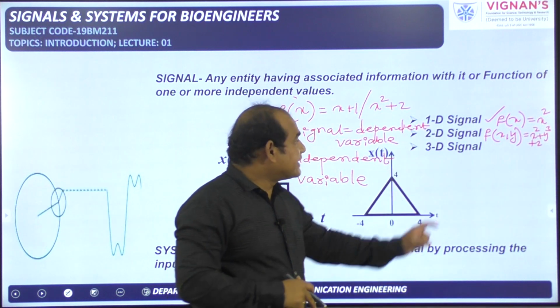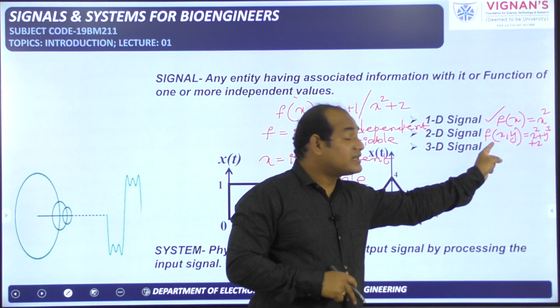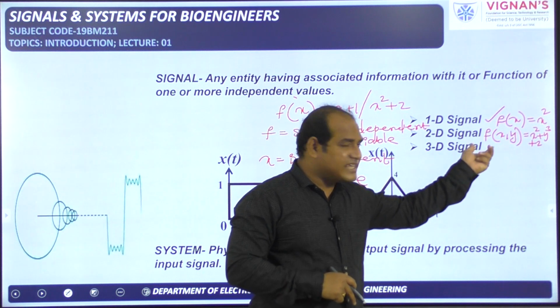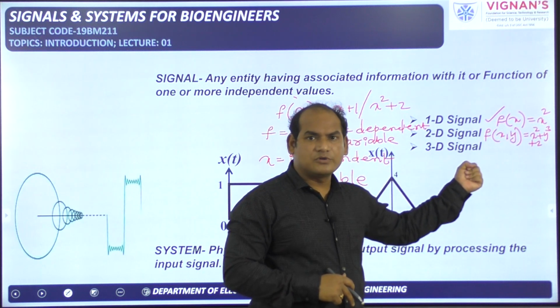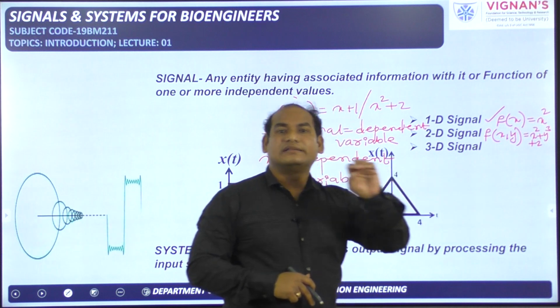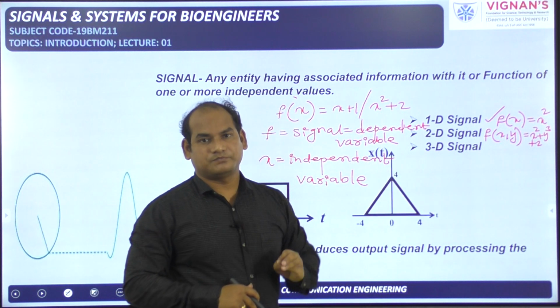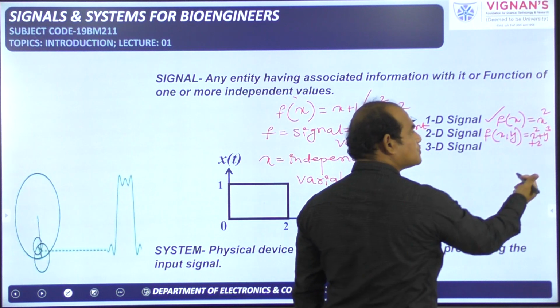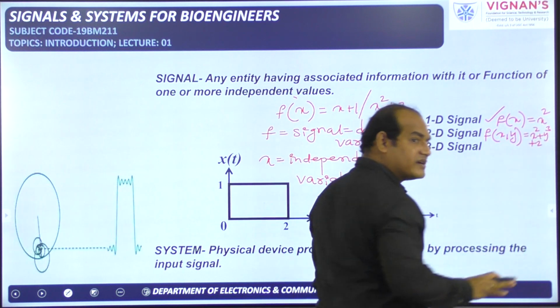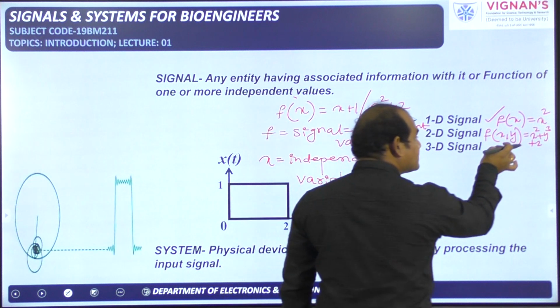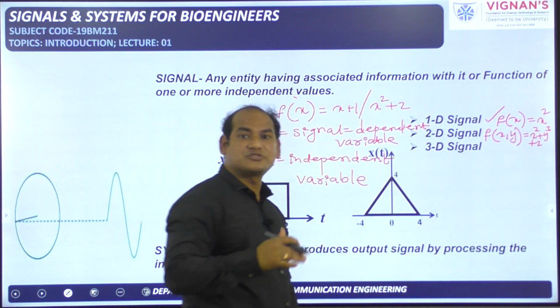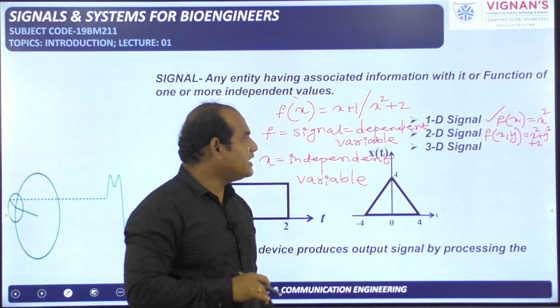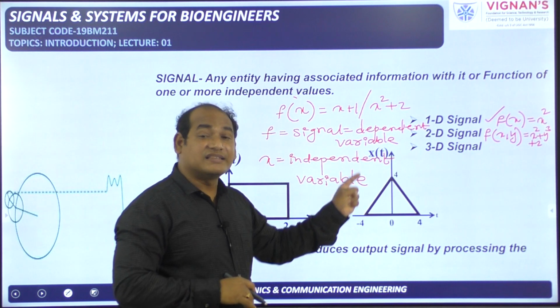The relation between f and the independent variables should involve the x term and the y term. That can be anything. You can take xy also, no problem, or 2xy, whatever it may be. But f equal to x square plus y square plus 2 represents the relation between the dependent variable f and the independent variables x and y.